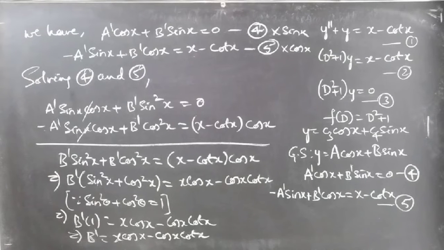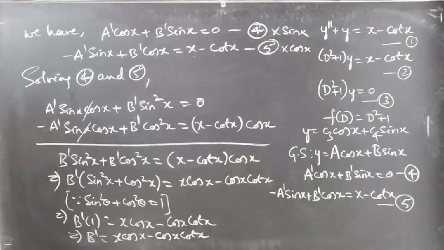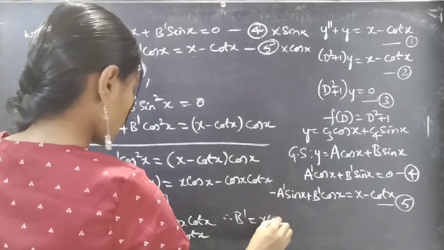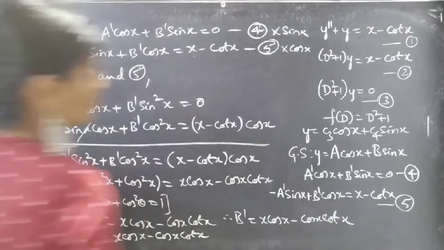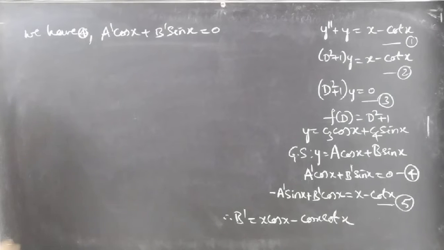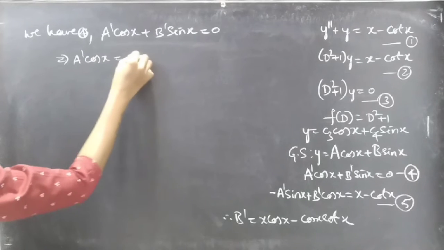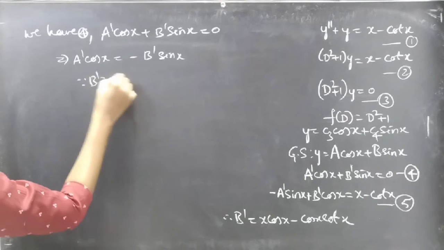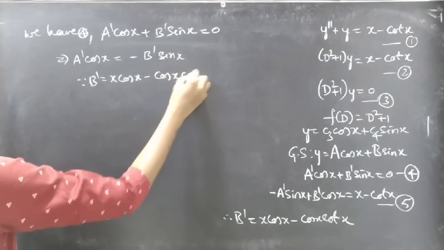Let's now find a dash by substituting b dash in equation 4. Therefore, b dash equals x cos x minus cos x cot x. Right? We have equation 4, a dash cos x plus b dash sin x. We can write this as a dash cos x equal to minus b dash sin x, since b dash equals x cos x minus cos x cot x.